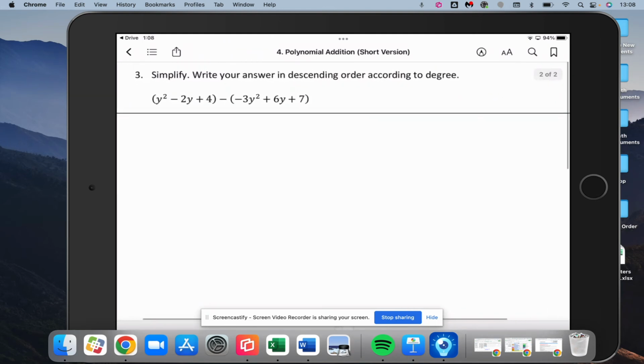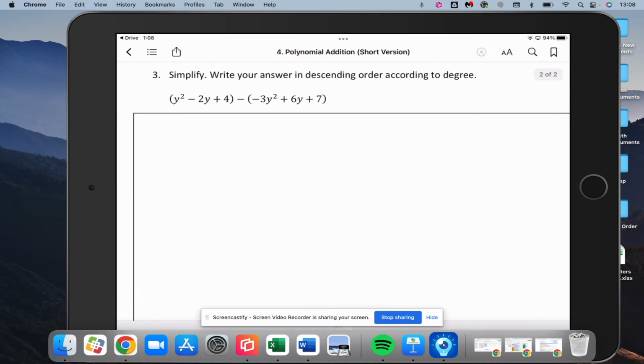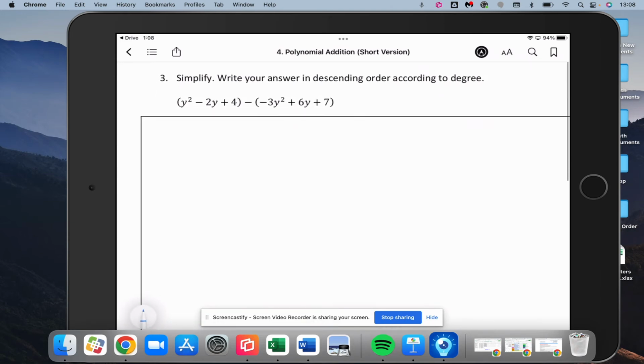So this one's a little bit of a pain, and it's because we have a subtraction problem. And the difficulty with the subtraction problem is that people sometimes have a hard time remembering that this minus right here is really a negative 1 that's being multiplied by everything inside there. And so I'm actually going to rewrite this a little bit differently. So we will have y squared minus 2y plus 4, and then negative 1 times negative 3y squared, because this is really what's happening in this instance, plus 6y plus 7.